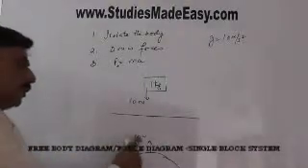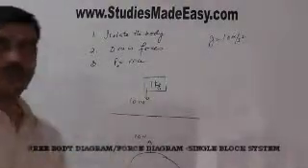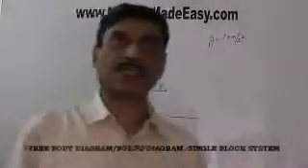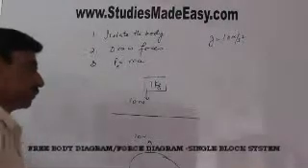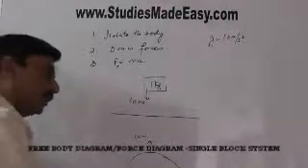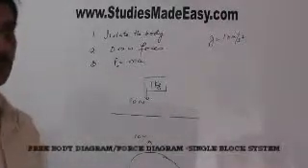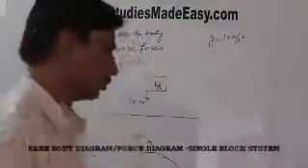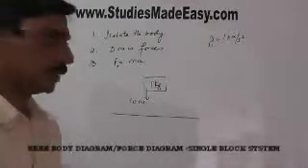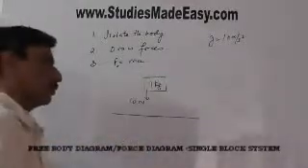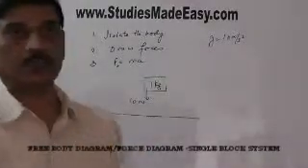Number two, action and reaction are always on two different bodies. Do not put the action and reaction on the same body, that is not possible. Generally in your books, the Earth is not shown, because we are not bothered about the forces experienced by the Earth. Now, because of this force, this body has a tendency to move down towards the Earth.